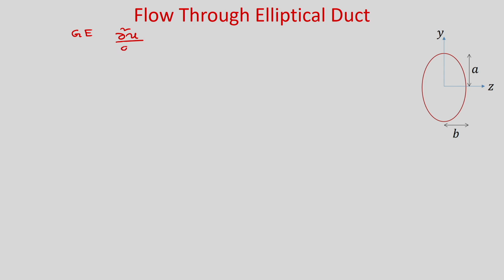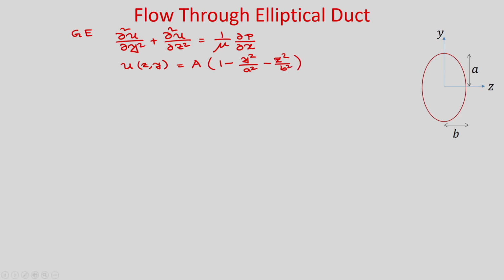So, we know the governing equation as del 2 u by del y square plus del 2 u by del z square is equal to 1 by mu del p by del x, right. Now, we have assumed the velocity profile as A into 1 minus y square by a square minus z square by b square. So, you find the derivative.